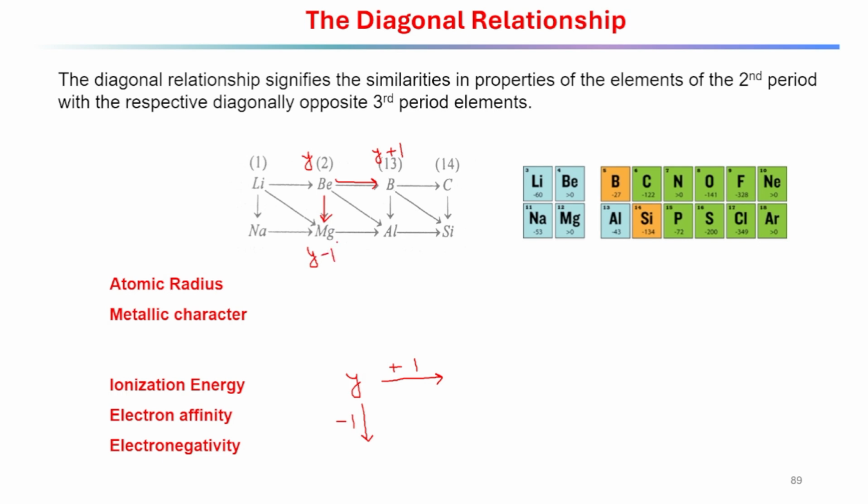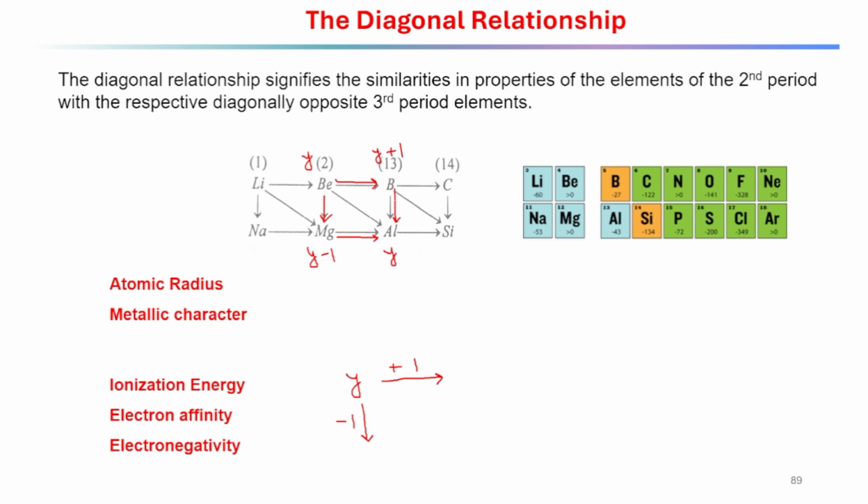Now again, if we go from magnesium to aluminum, we are going along a period, so it should increase by plus 1 unit. So y minus 1 plus 1, and we will get y. Similarly, if we come from boron to aluminum, in boron the ionization energy, electron affinity, and electronegativity were y plus 1 unit.